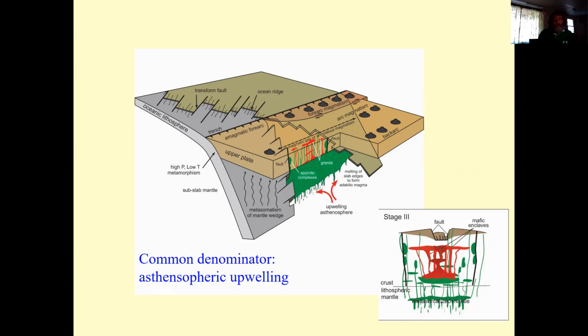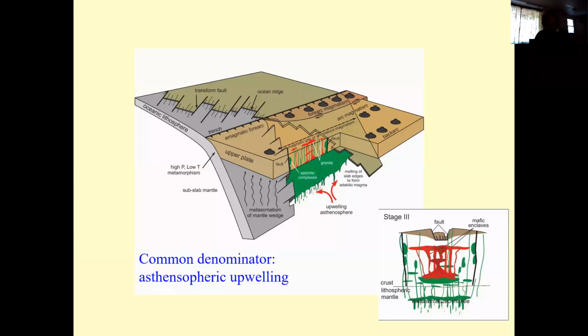So in fact, perhaps the common denominator here is tectonic environments that generate asthenospheric upwelling. In the case of the Caledonides, slab breakoff. In the case of this region of the Avalon, a slab window by the generation of a transform margin. Another common denominator, of course, is water availability.